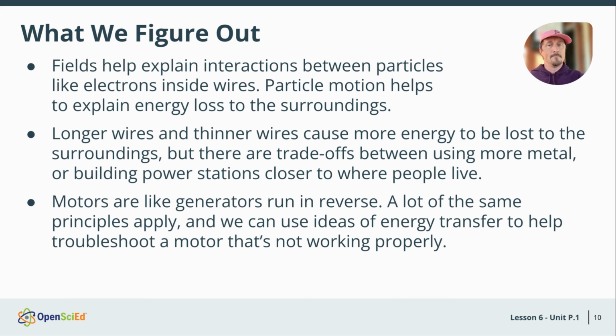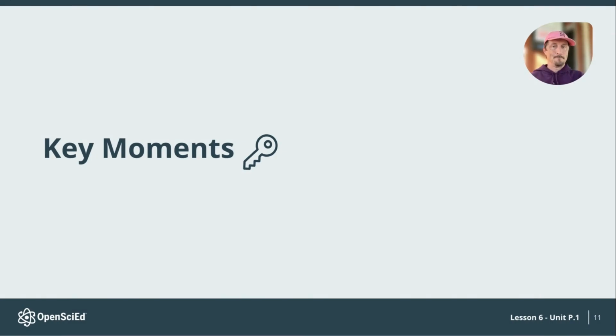So in summary, fields help explain interactions between particles like electrons, and particle motion helps explain energies lost to the surroundings. Longer wires and thinner wires cause more energy to be lost, but there are some trade-offs to using thicker or shorter wires that we need to think about. And motors are like generators run in reverse, so a lot of the same principles apply.